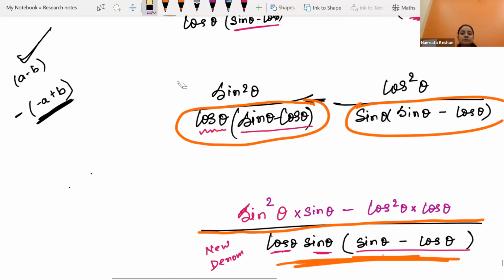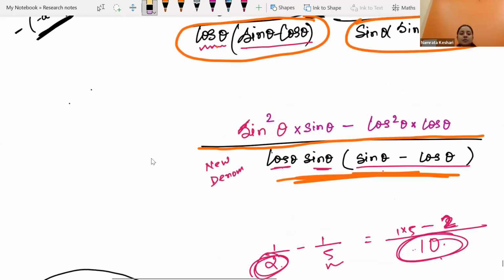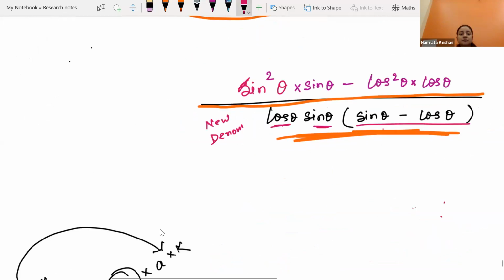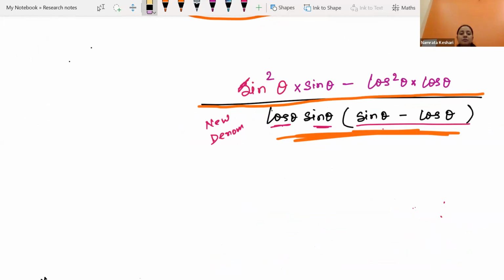So can you see in the numerator we got sine cube theta minus cos cube theta? Can you see, everyone? In the numerator we ended up getting sine cube theta minus cos cube theta. Do we know the formula of a cube minus b cube? Do you know what is the formula of a cube minus b cube?